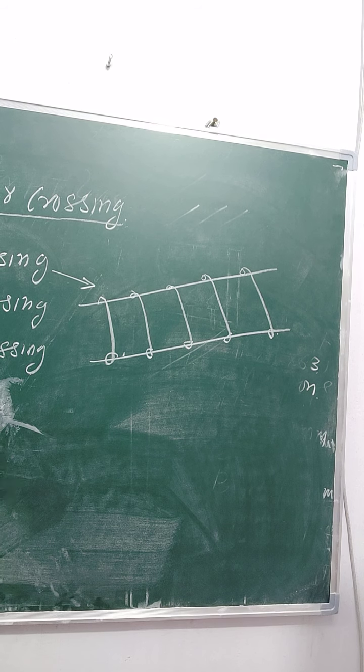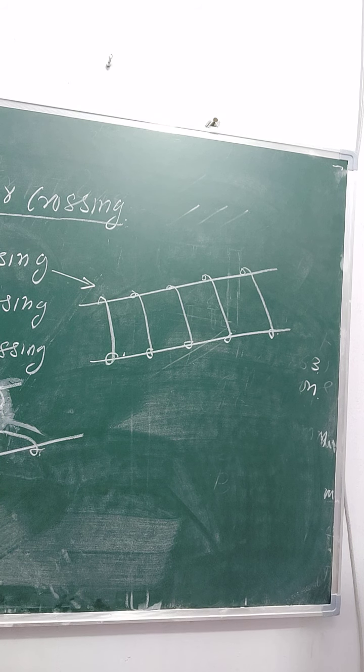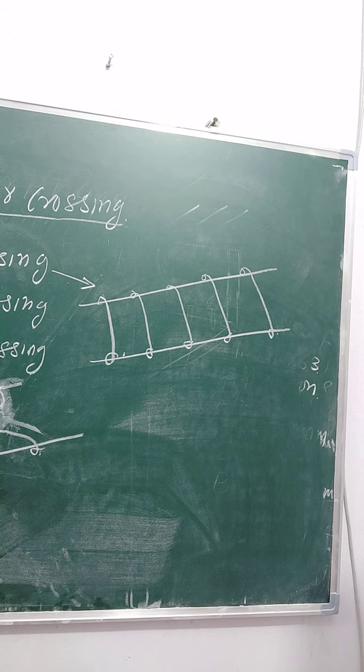Similarly, if we go for river crossing, then we have this type of guarding. This is called cradle guarding. On both ends it is supported by angle iron, and this is 8 SWG GI wire, and this is also the same, and here it is the binding wire.